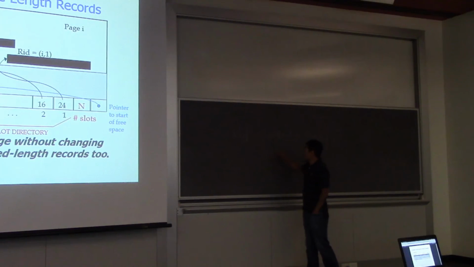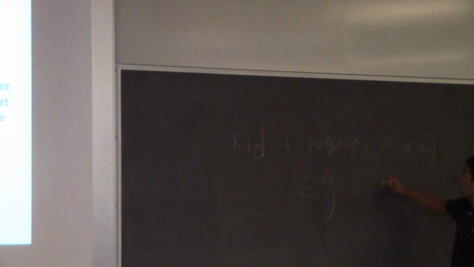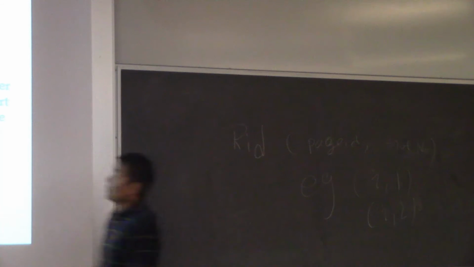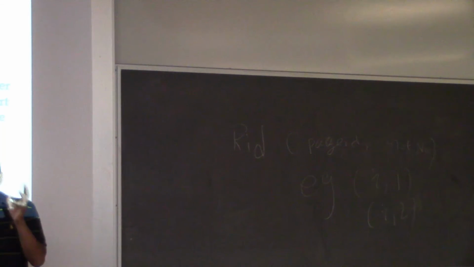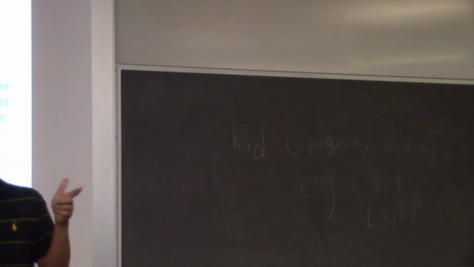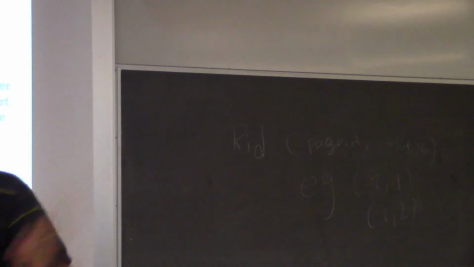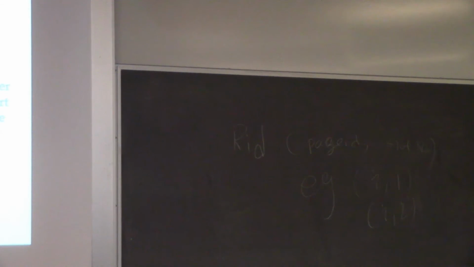So give you an example. In our example, it could be I1, I2, and so on and so forth. So which is I1? Here is some student get confused. Some of you get confused. I1 means, okay, the first record on page I, so it should be the record on top. No. 1 means slot number, not their sequence in the record space, but their sequence in the slot directory.